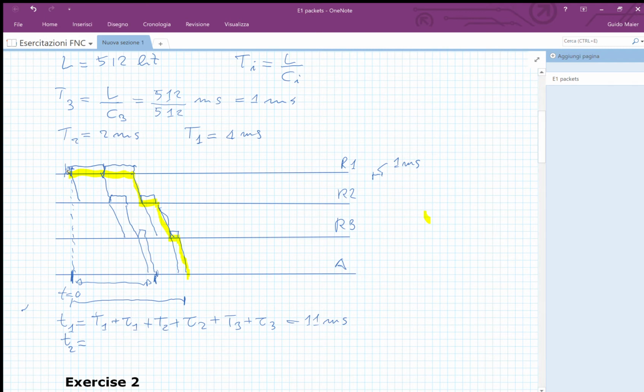So when you write it, you can start from the end: tau 3 plus t3 plus tau 2 plus t2 plus tau 1 plus t1 plus t1.